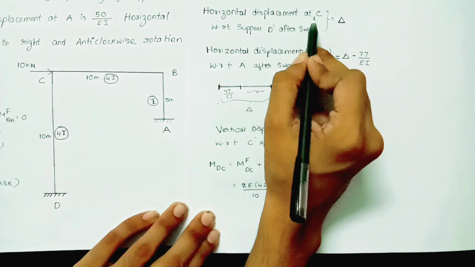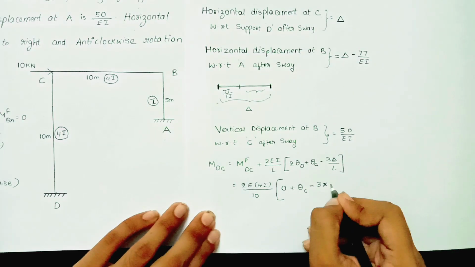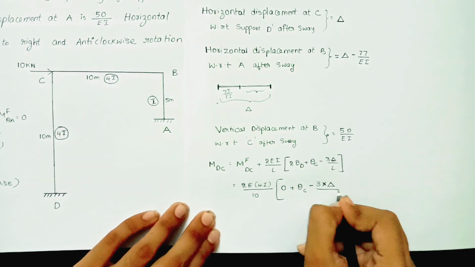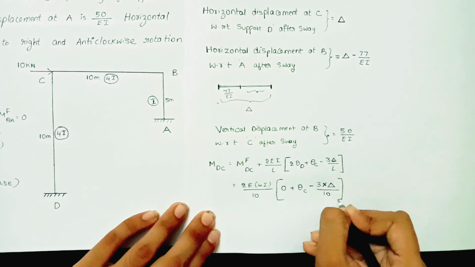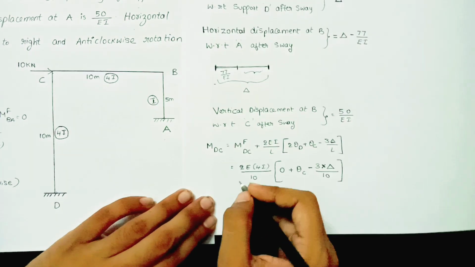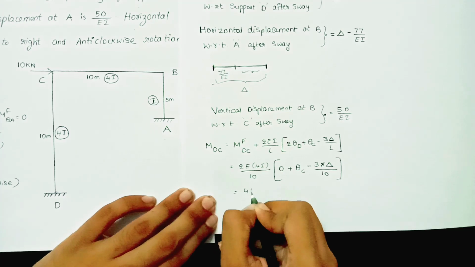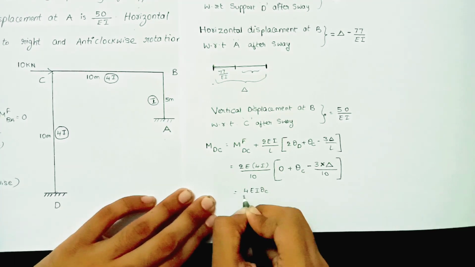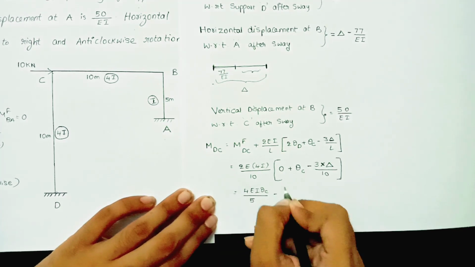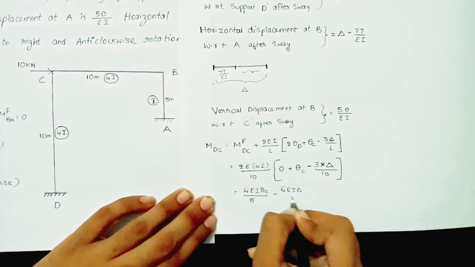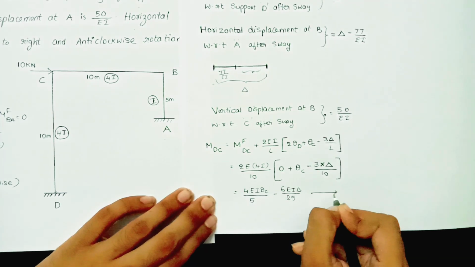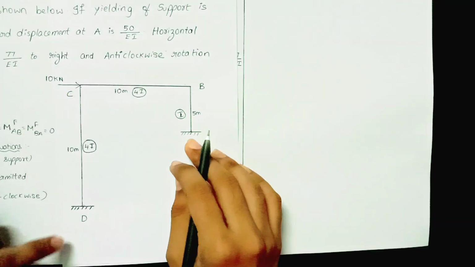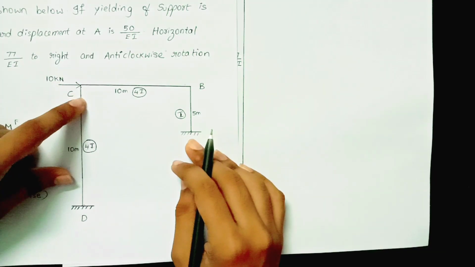So I am placing the delta value as delta and the length is given as 10 meters. On solving this equation, I got 4EI theta C by 5 minus 6EI delta by 25. I am taking this equation as 1.